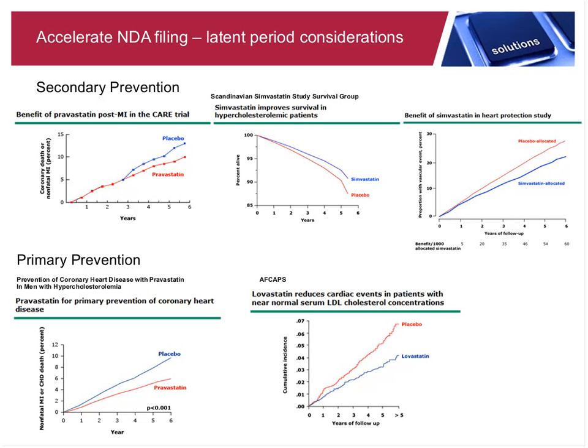So let's just talk a little bit about SAVOR. This was a 16,500 patient study, DPP-4 inhibitor. Patients were exposed for a median of 2.1 years. The MACE rate appears to have been approximately 3.6%. And the question is, if there is a latent period, which I'm trying to make a case for, where even a therapy, the statins, as you know, are actually indicated for prevention of coronary disease, secondary and primary prevention.